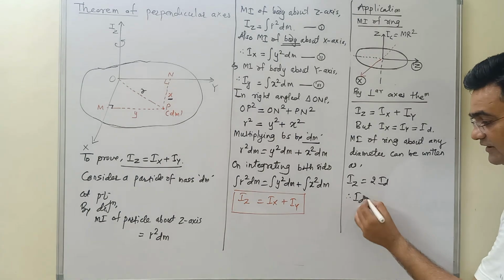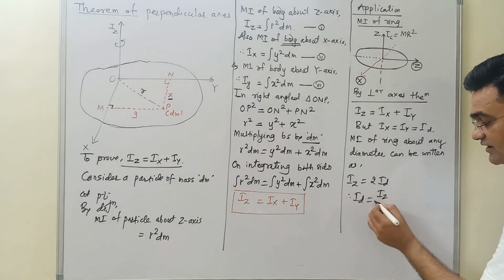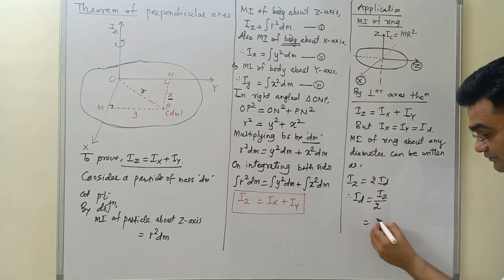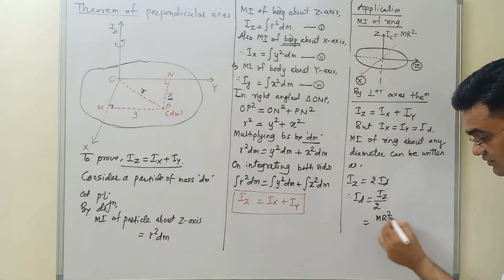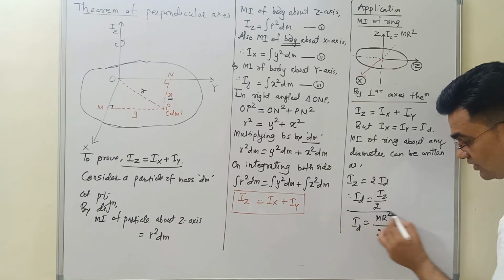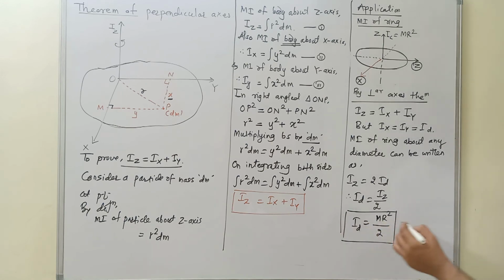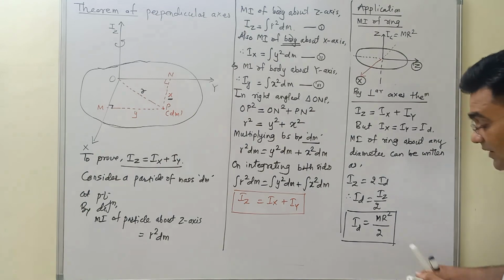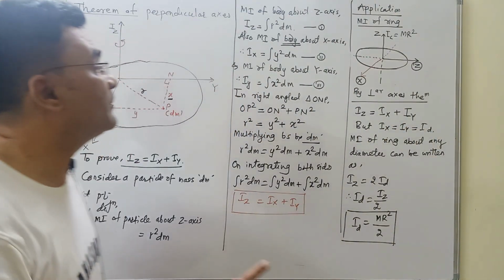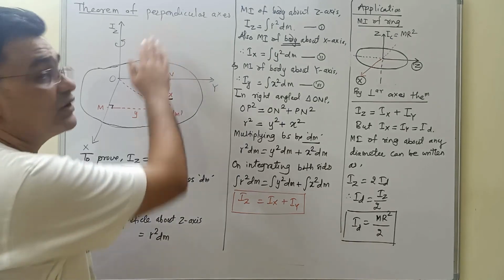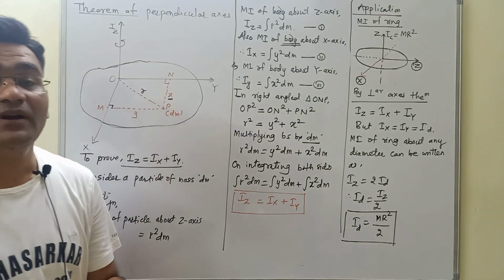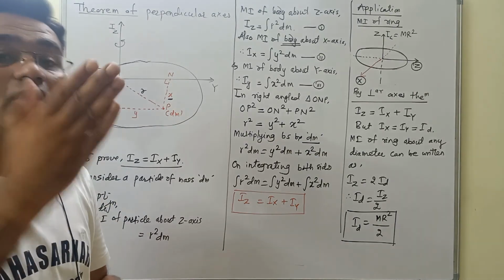Therefore Id equals Iz upon 2. The value of Iz is mr square, so Id equals mr square upon 2. So the moment of inertia of that ring about any diametrical axis is given by the formula mr square upon 2. In such a way one can apply the perpendicular axis theorem so that we can understand the moment of inertia for different positions for different objects.